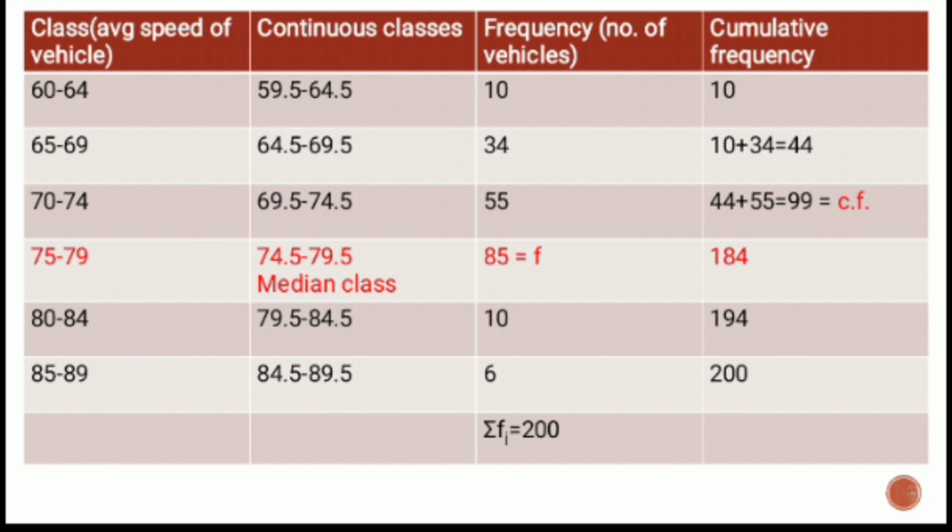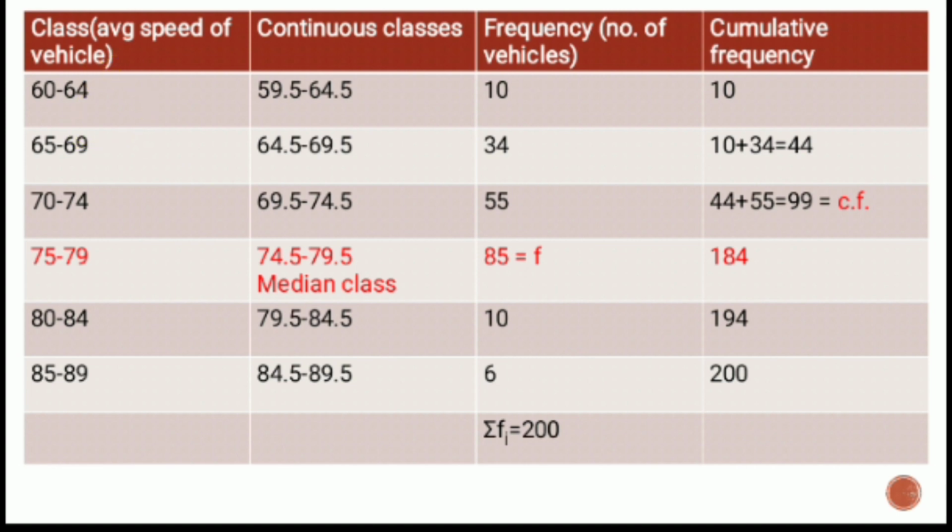So in the first class, from the 60 you have to subtract 0.5, and in the second, to the 64 you have to add 0.5.